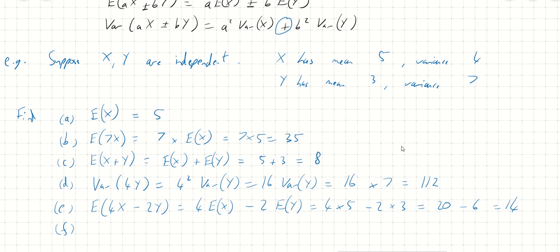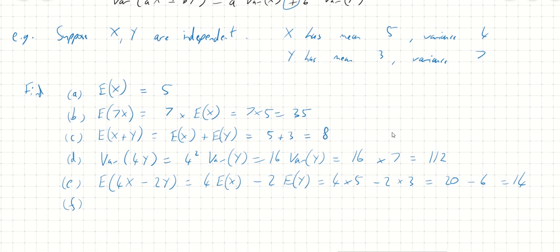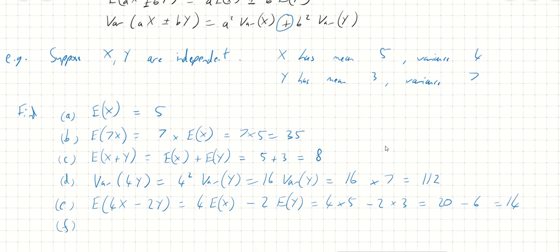Let's compare or contrast that with the variance of 4x minus 2y. Well, this is a squared, so 4 squared times the variance of x, and it's always a plus on this side, so it's plus 2 squared times the variance of y.